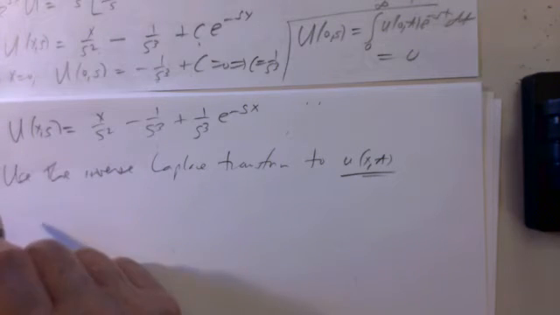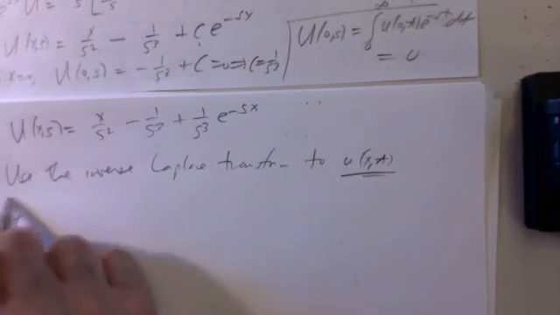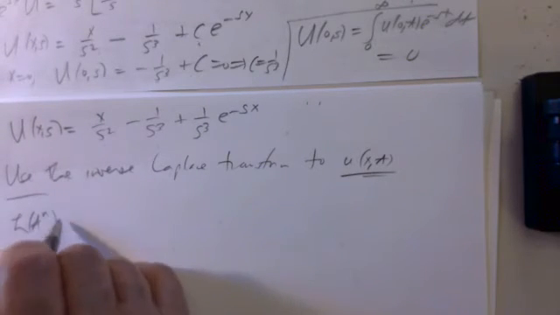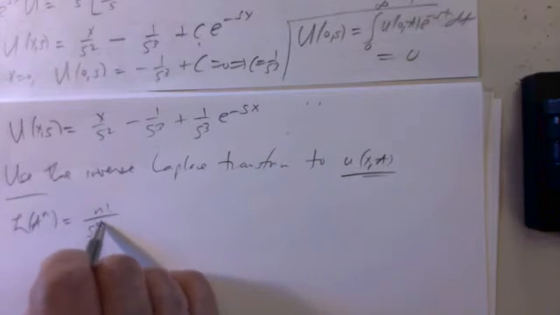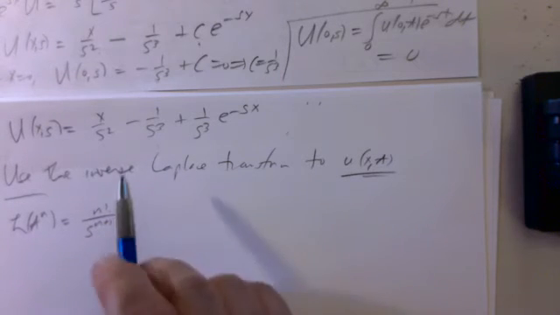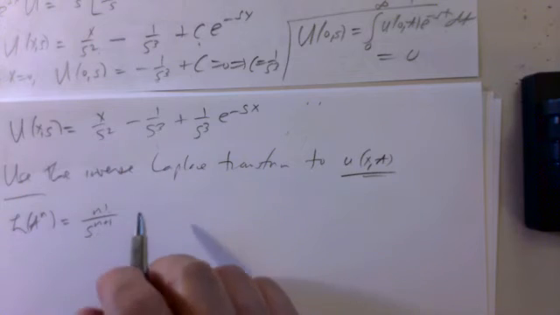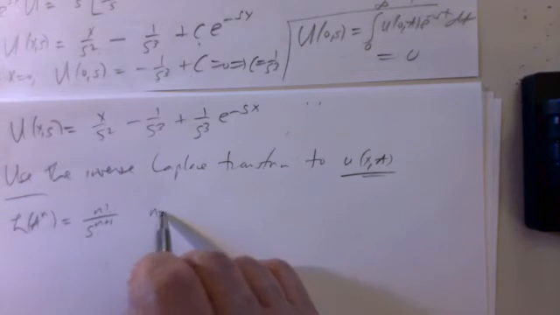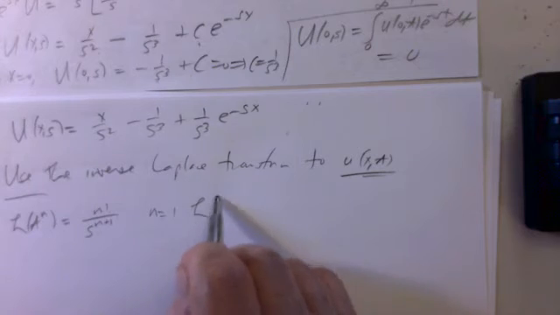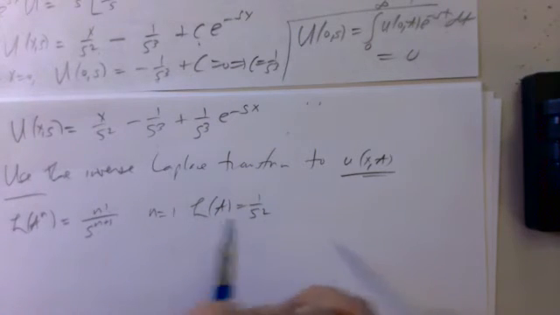So we have from the table, using the letter t, that the Laplace transform of t to the n is n factorial over s to the n plus 1. So here I have a 1 over s squared. If I let n equal 1 in this formula, the Laplace transform of t is 1 over s squared.